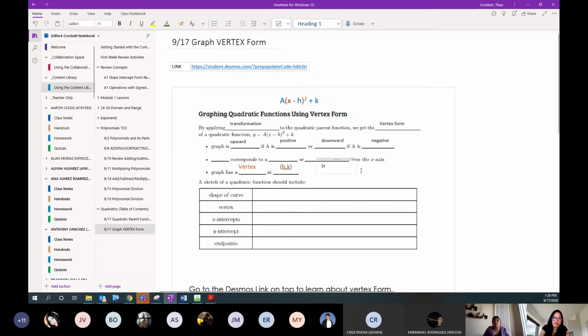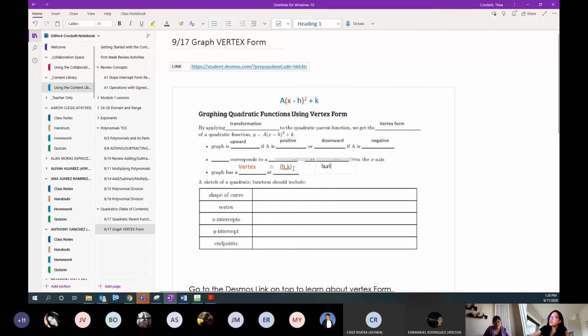So H comma K is the same as X comma Y. It's just that x comma y is a generic point, but if you see HK, this is a point in the vertex.